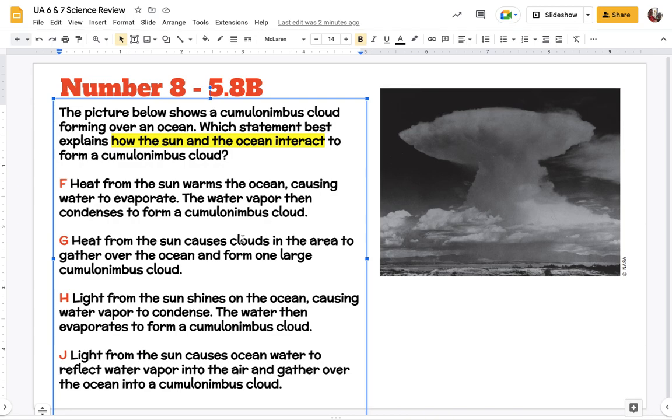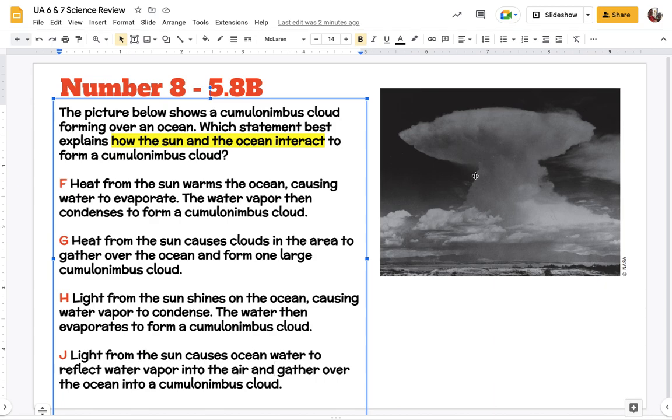So heat from the sun causes clouds in the area to gather over the ocean and form one large cumulonimbus cloud. Not necessarily. It's not really heat from the sun causing the clouds to gather in the area. What's happening is water vapor is evaporating into the atmosphere, cooling, condensing, and creating those clouds. Clouds are not created by anything else but water vapor cooling and condensing to create those clouds.